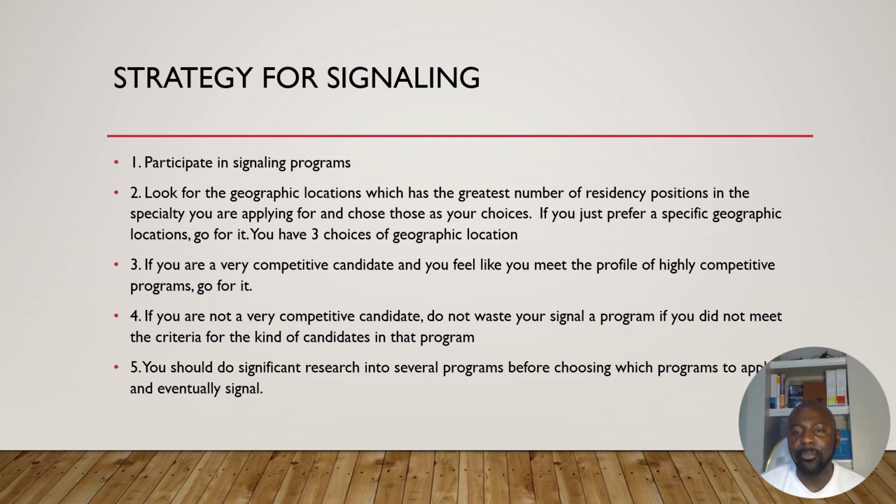It's also said that if you pick a specific geographic division, signal programs within that geographic division. So if you pick the division that has New York or like Texas, you should signal programs within that area.